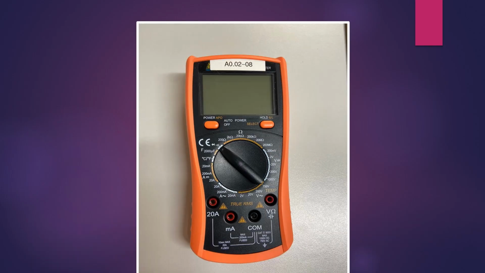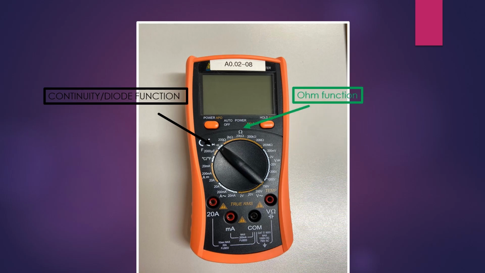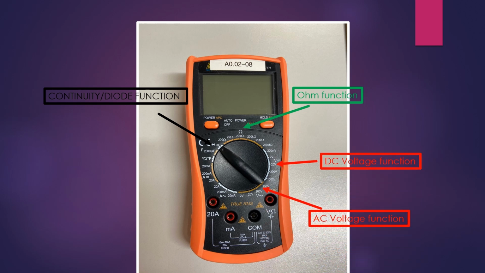Now I'm going to brief you on all of the functions found on our multimeters. We have the continuity diode function that allows you to do the continuity or diode test. We also have the ohm function that you'll use whenever you are measuring resistance, and it ranges from 200 ohms to 200 mega ohms. We have the DC voltage function, identified by a symbol containing a straight line with 3 dots at the bottom.